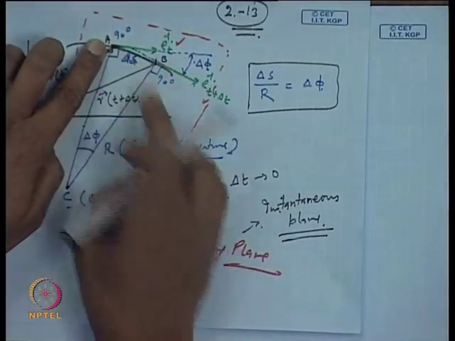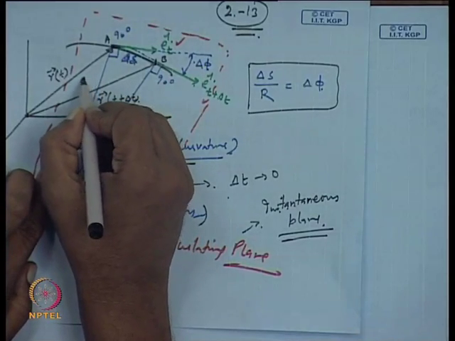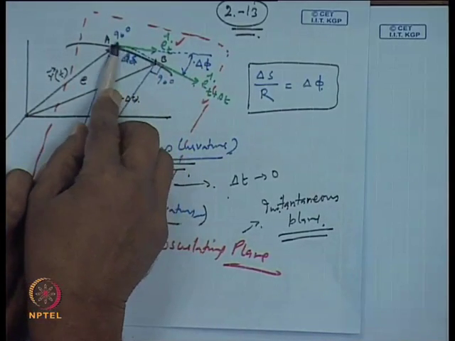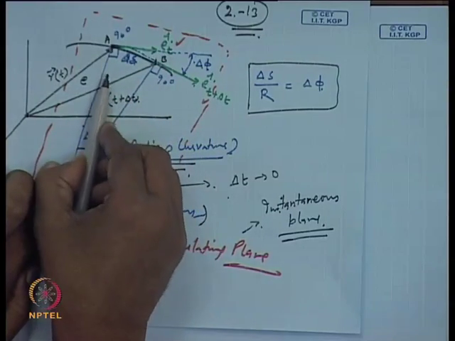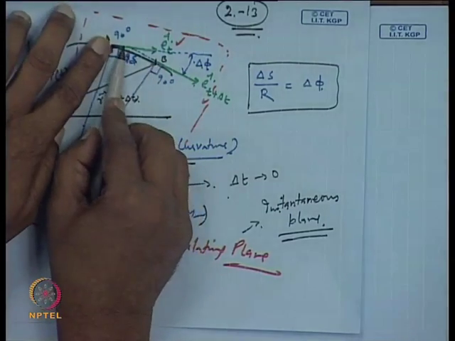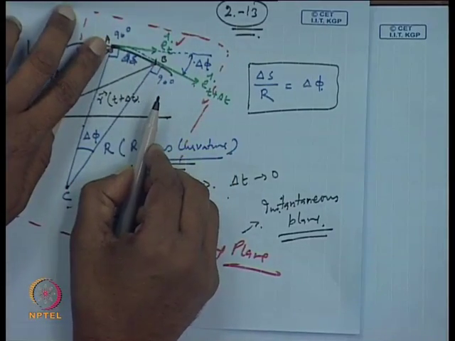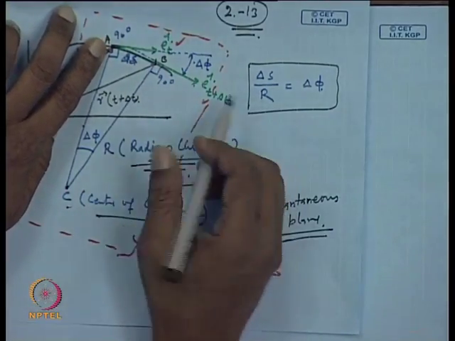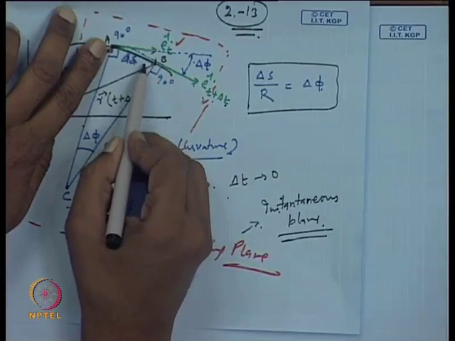So, as this point is approaching here, the E_n vector we are writing here is approaching in this place, perpendicular to the E_t vector. Delta phi becomes smaller and smaller, and the change in the vector, E_t plus delta t minus E_t, becomes perpendicular to this vector.